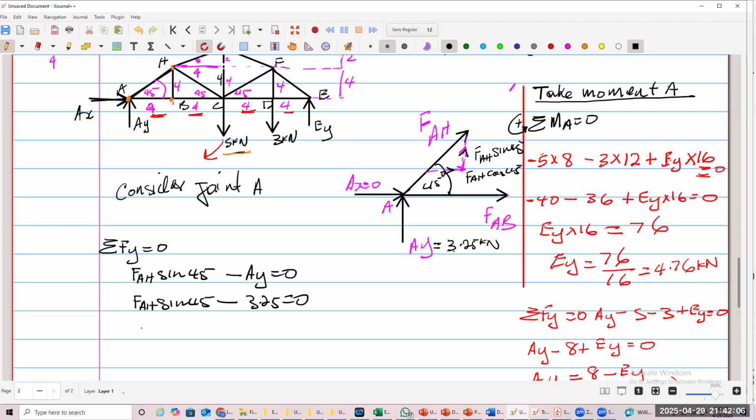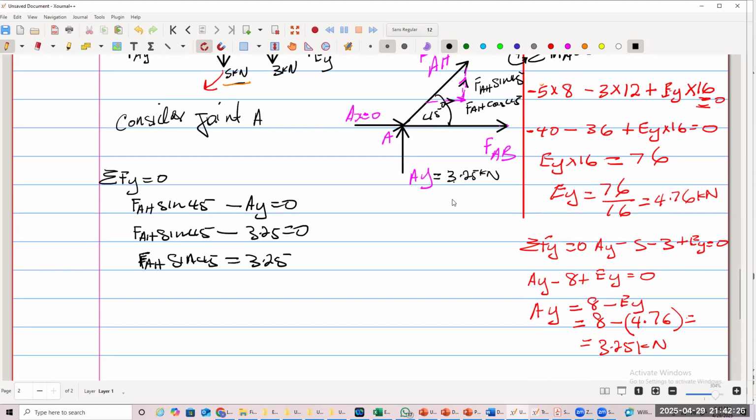Remember, it's a lower subscript. So FAH times sine 45 equals 3.25, and you transpose that and you get FAH equals 3.25 divided by sine 45, which is really 3.25 divided by 0.707. How much is that?